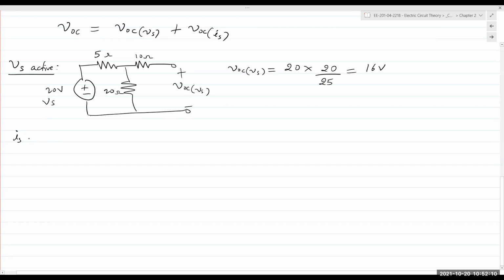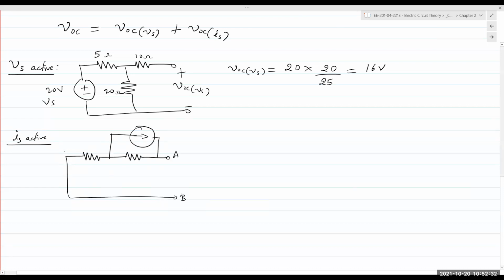Then I'm going to say IS active. And if IS is active, the voltage source is reduced to 0, meaning it's replaced with a short circuit. And this is interesting. You have a current source, you have A, you have B, and you have a resistor here.